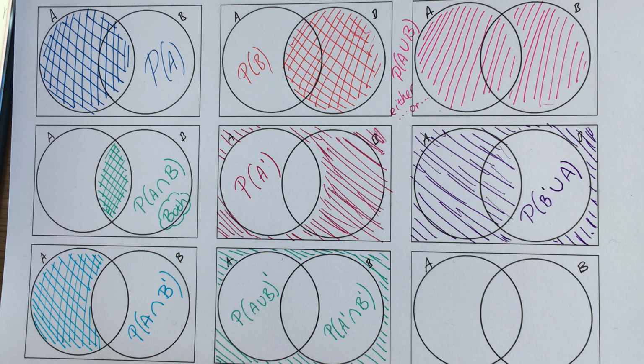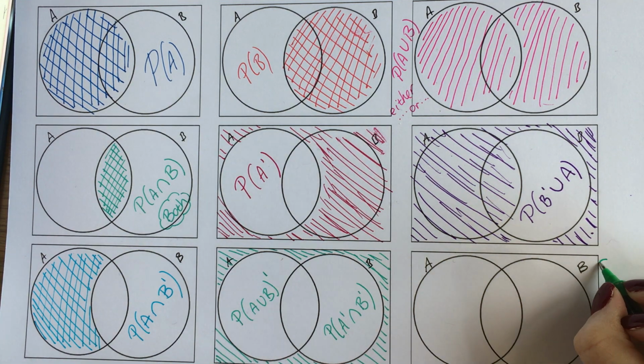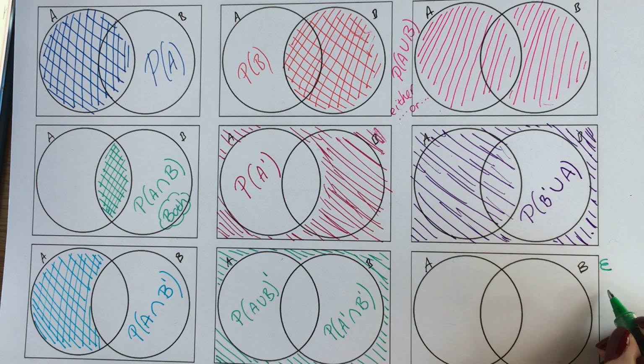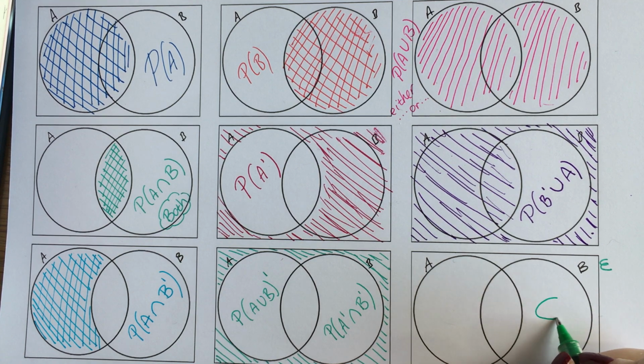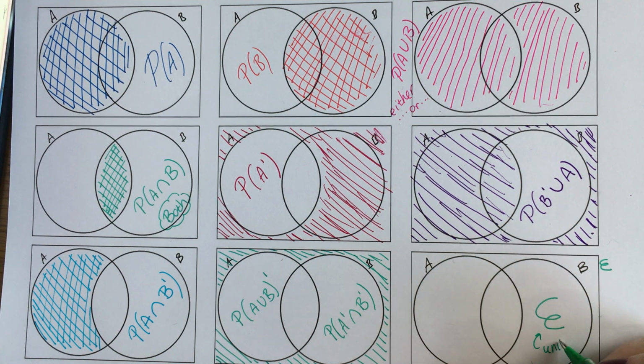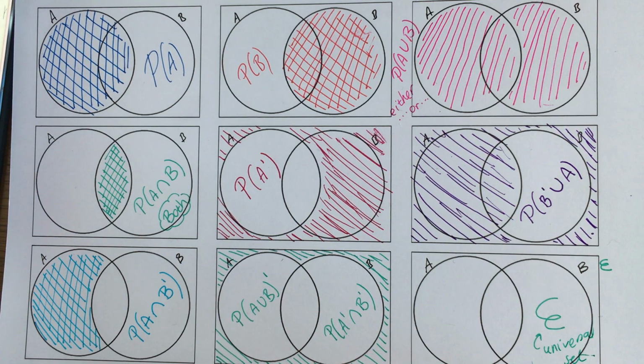But what is useful that I can do on the last one is that we call a full set with this little funny E. This is actually, I think it's epsilon from the Greek alphabet. It's like if I draw it bigger, it's like I'm drawing an E with the overlap in the middle, a sort of weird capital E, a curvy E. That means the universal set, which basically means all the numbers included in a set.